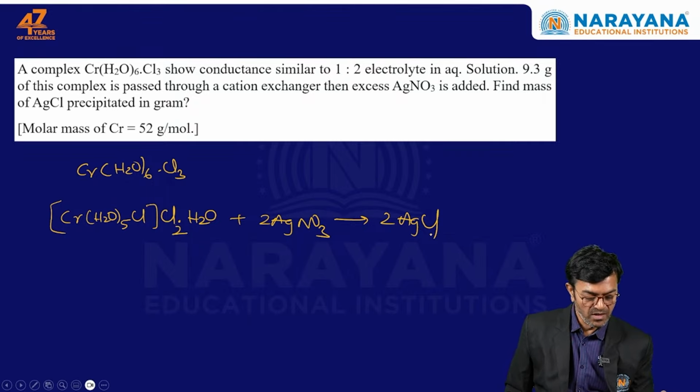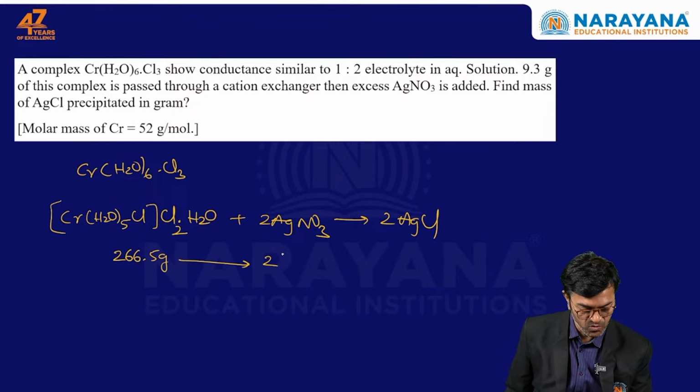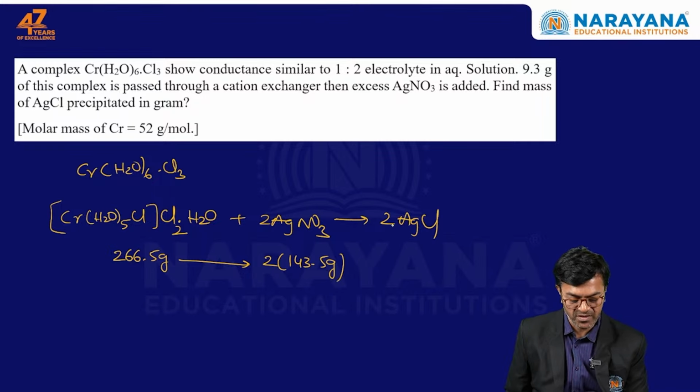As per the molecular formula, if you calculate, it comes out to be 266.5 grams. That is precipitating 2 into 143.5 grams of AgCl. 143.5 is the molar mass of AgCl.